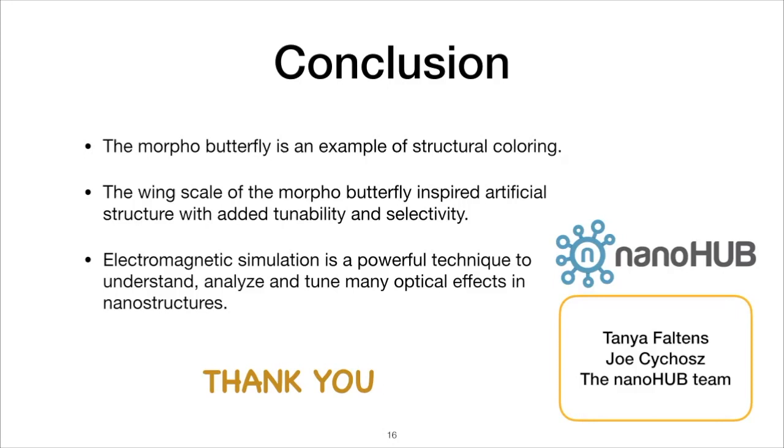We studied the wing scale of the blue morpho butterfly, which inspired artificial structures with added tunability and selectivity, and this actually has numerous applications in providing flat lenses, in creating different optical materials, cameras, compact devices, and so on. And we've shown here the power of electromagnetic simulation in understanding, analyzing, and tuning many of the optical effects in nanostructures nowadays.